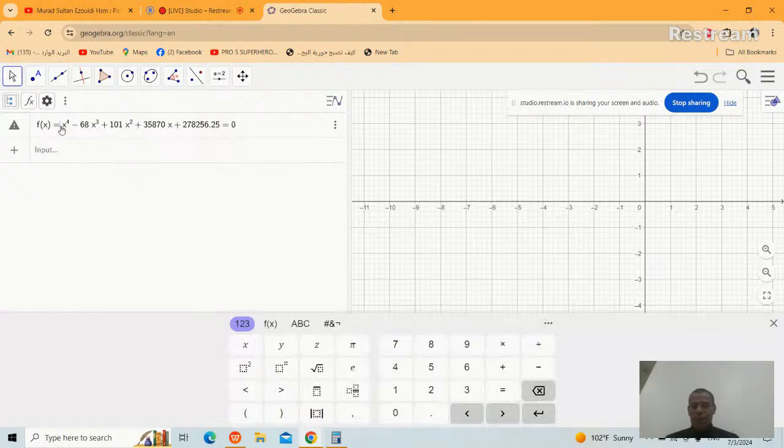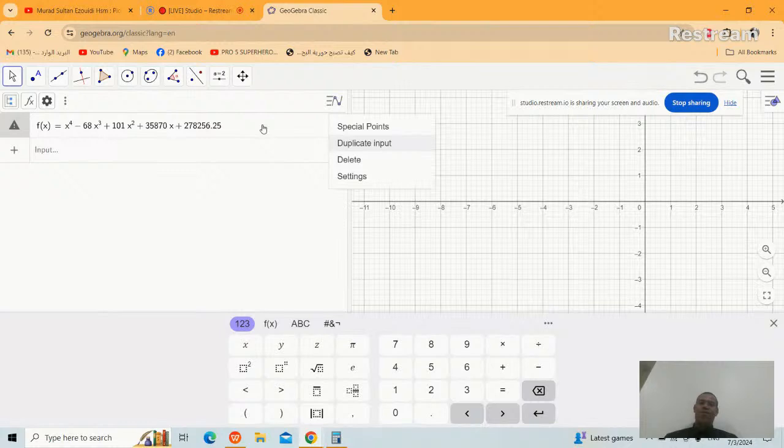Now GeoGebra is thinking of the roots. He can do it, no problem. I will tell him solve. You see, this is difficult for GeoGebra, but Mr. Mourad Sultan found the roots.